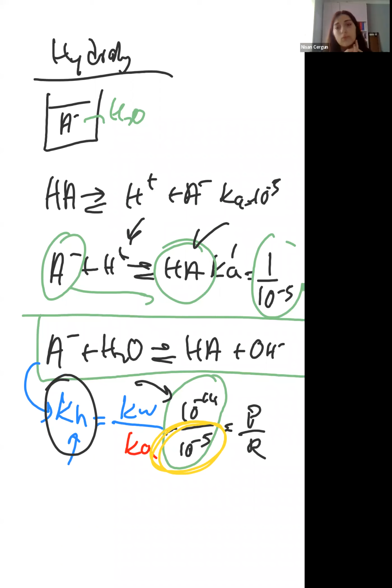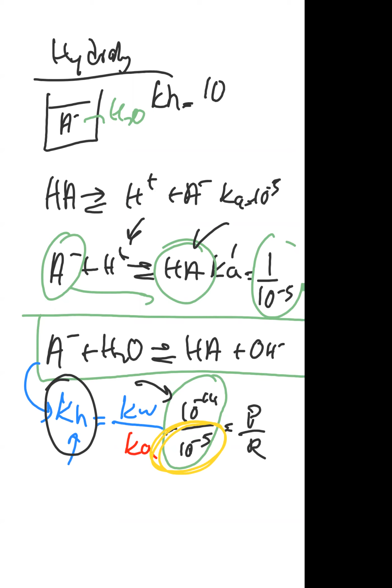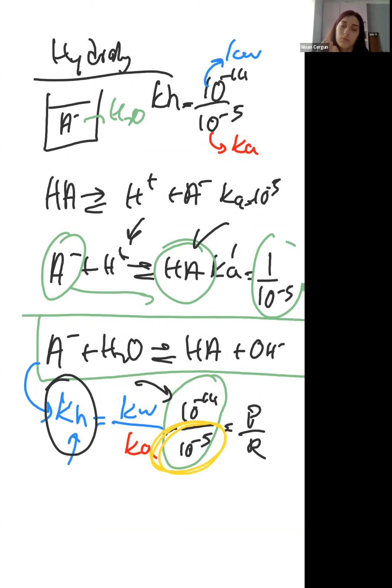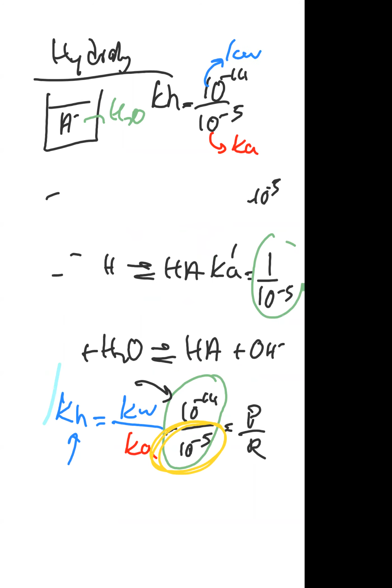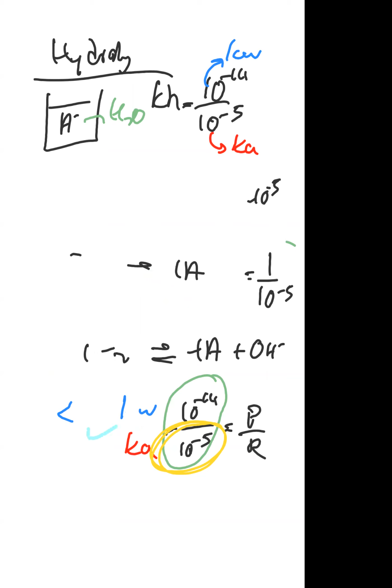Then let's say we have a K hydrolysis, which is 10 to minus 14 divided by 10 to minus 5. This one is the Ka value, and this one is the normal K water value.